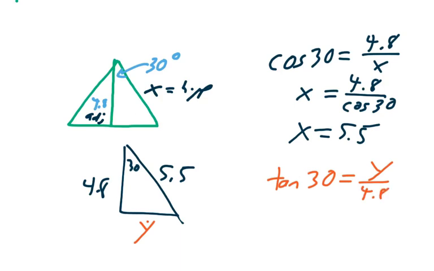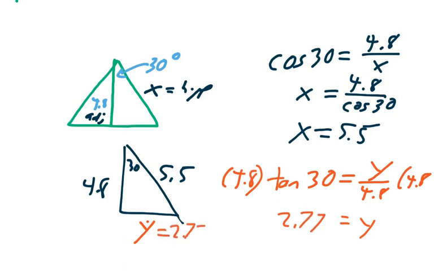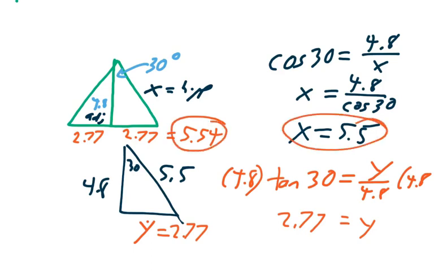And I'm going to multiply both sides by 4.8. And so the 4.8 times the tangent of 30 is 2.77. But that's not the entire side because that's only this half, so I'm going to have to multiply that by 2 because this side is also 2.77, which gives me an answer of 5.54. And that is my answer for B. Here's my answer for A.